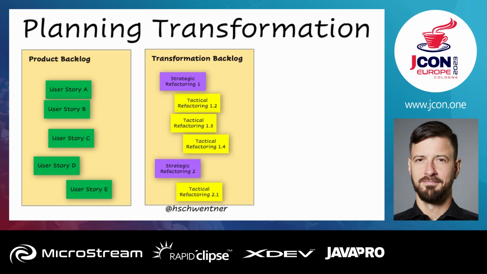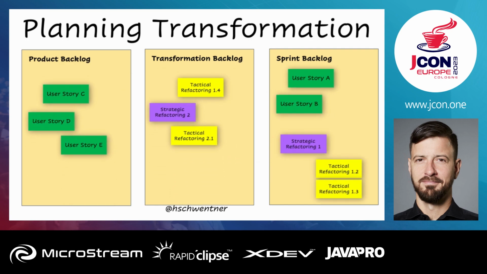And what we now get, besides this product backlog, is the transformation backlog with strategic and tactical refactorings. And then, of course, we have a sprint backlog for every sprint. And when we plan a sprint, we will not only plan user stories anymore, but we will also plan small steps of the transformation into this.